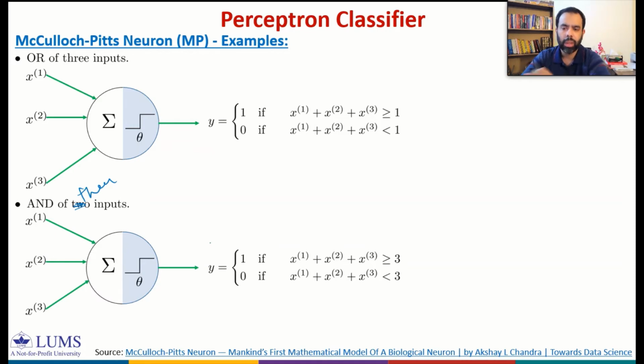If all 3 inputs are 1, the output is 1. So this was proposed by McCulloch and Pitts. It's a very simplified, in fact, the simplest model of a biological neuron. If the aggregate is greater than some threshold, the neuron is fired, otherwise the neuron is not activated.